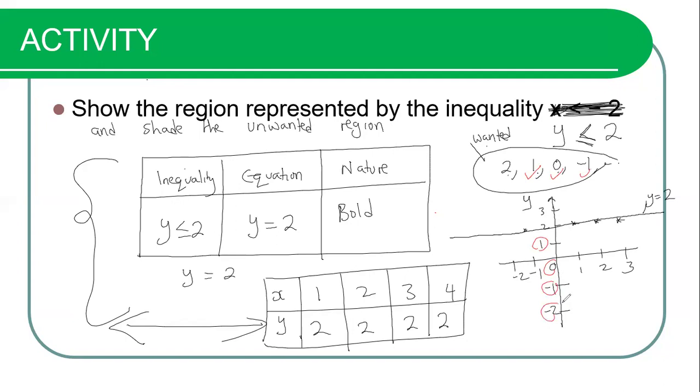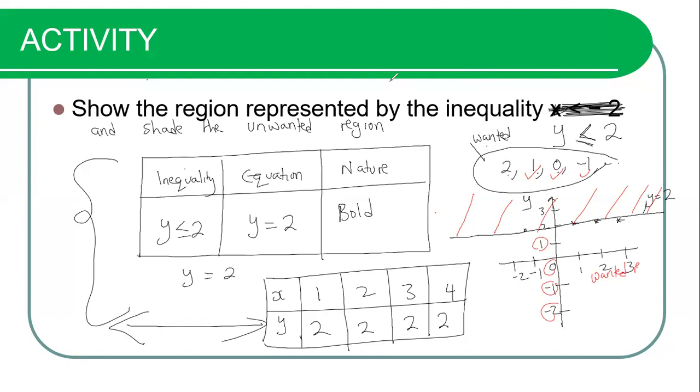So all these values are down, meaning that this place down is our wanted region, the region of importance. The other region that has other values is not important. So that is the region you shade, the unwanted region, the region that is not satisfying the inequality. I hope you have understood.